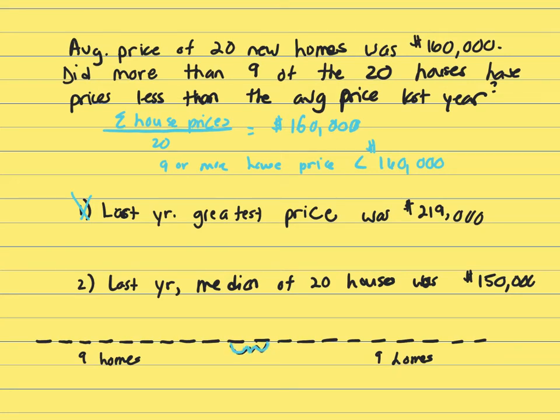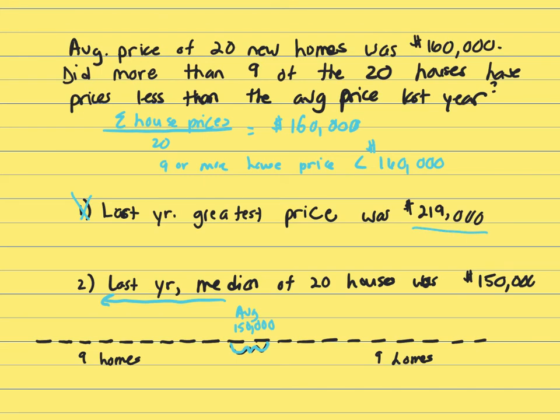And that average there is 150. All right, so that means these prices to the left are going to be less than 150,000, which means either less than 150,000 or equal to 150,000.